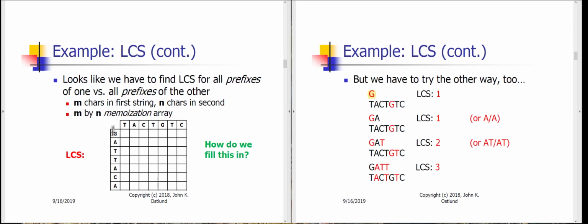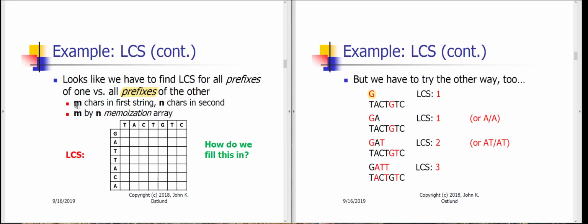Okay, well, since each character in the first sequence could be the first character of the longest common subsequence, and likewise each character of the second sequence could be the first character in the longest common subsequence, let's set up a table with the symbols in the first sequence for our rows and the symbols in the second sequence for our columns, and see if, starting from the upper left corner, we can fill this in with the longest common subsequence that we can find up to some prefix of the first sequence versus some prefix of the second sequence.